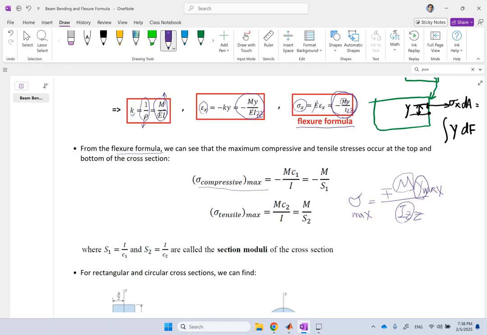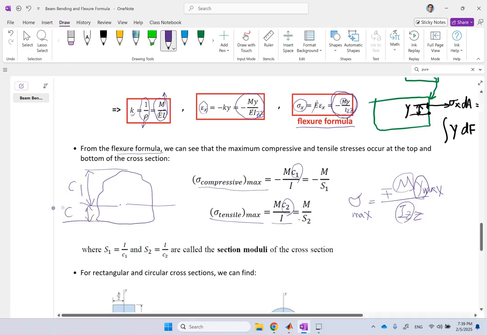At maximum negative Y value, we're going to get the maximum tension. So C1 and C2 here are the maximum height from the neutral axis. So if you have some arbitrary cross section like this, and this is the neutral axis, the maximum height from the neutral axis in the up direction, that is C1, and the maximum on the bottom side is what? C2.